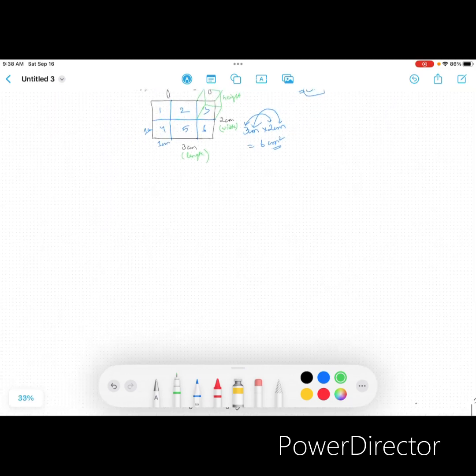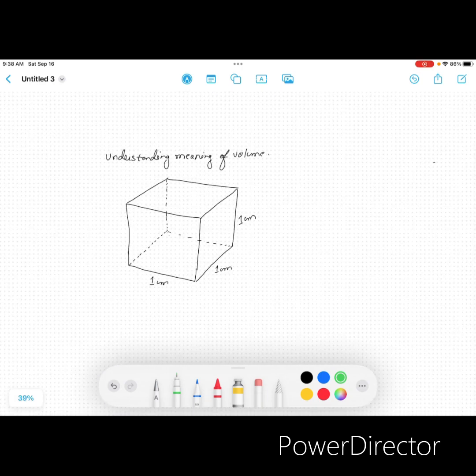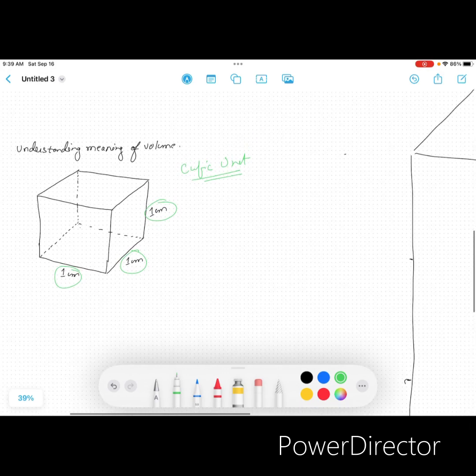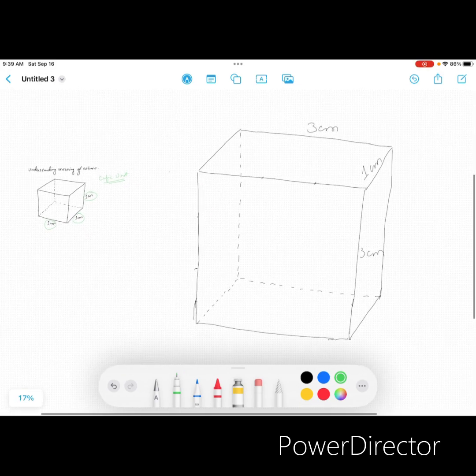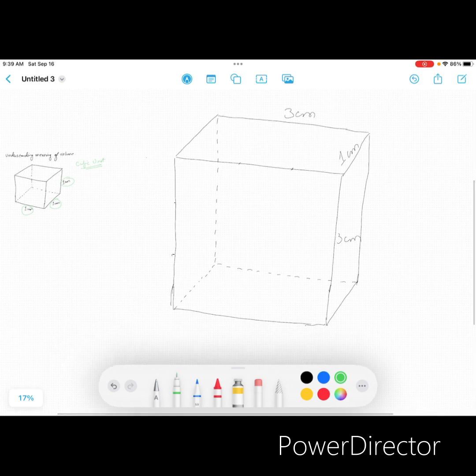So in a 3D object, we can have length, width, and height the same, and we call that a cubic unit. A volume is just a representation of the same thing in 3 dimensions.